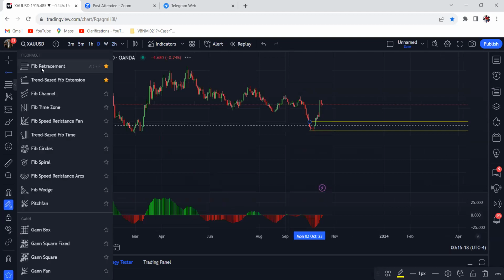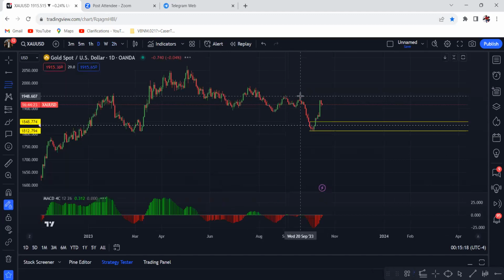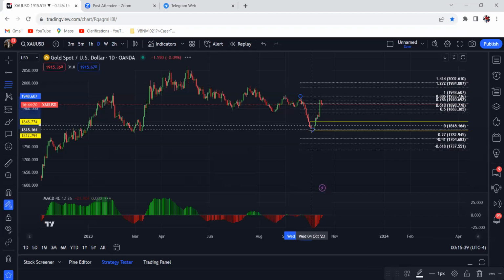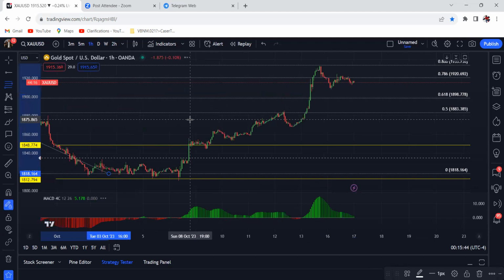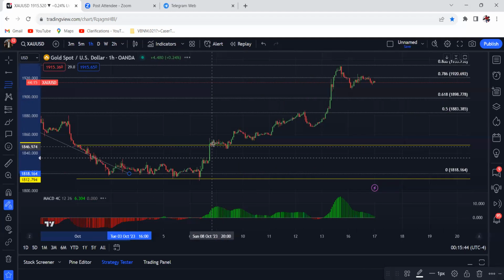Again, guys, that's my preference. You don't have to do the daily, but let me measure this leg. We're coming down, and then voila. You see how price broke last week's weekly high? And then what did it do? Continue going up. And then you would take profit at each fib level.